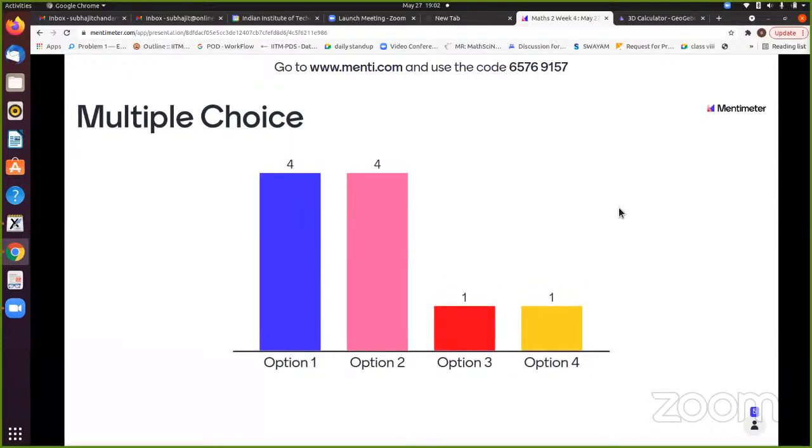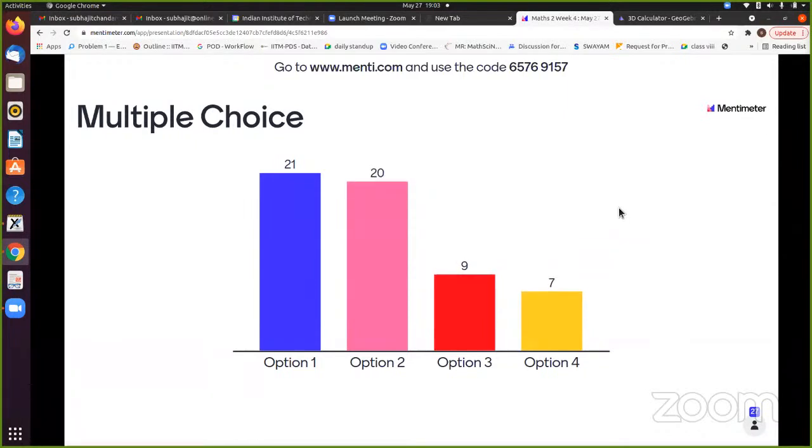Option 1, 2. All options got some votes. Most of you are saying the first option and second option are correct. Some of you are saying the third option is correct, and some of you are saying the fourth option is correct. I will select someone to explain each option.